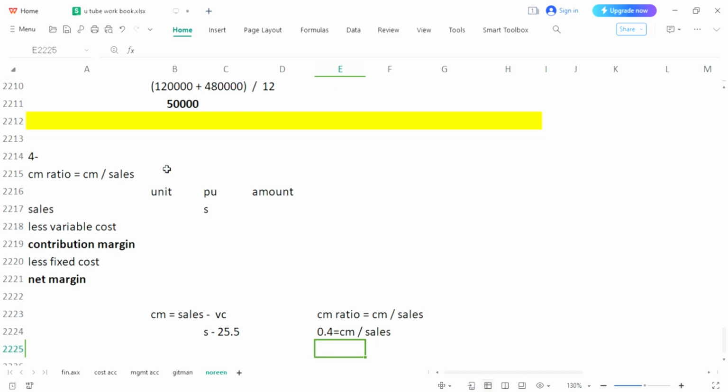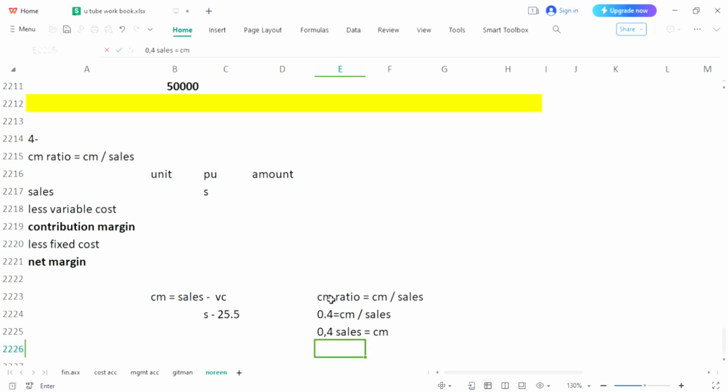Sale is being divided over here. If you want to take this sale to the opposite side, it would be multiplied. So 0.4 and sale would become equal to CM.